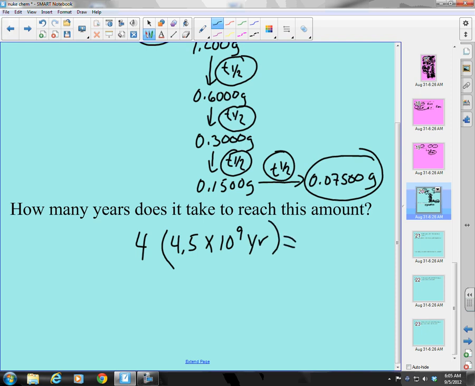And so I do that multiplication. 4 times 5 is 20. Carry the 2. 4 times 4 is 16, 18 times 10 to the 9th years. So 18.0 times 10 to the 9th, or 1.8. I can only have 2 sig figs here, can't I? So we're going to have to get rid of that 0. So 1.8 times 10 to the 10th years. Sounds good? That's my answer.